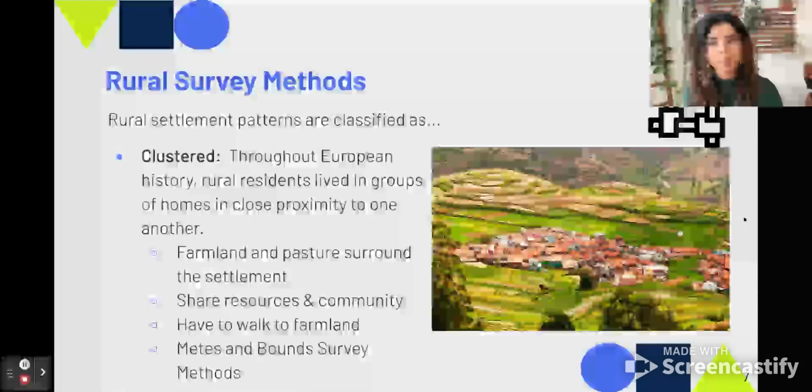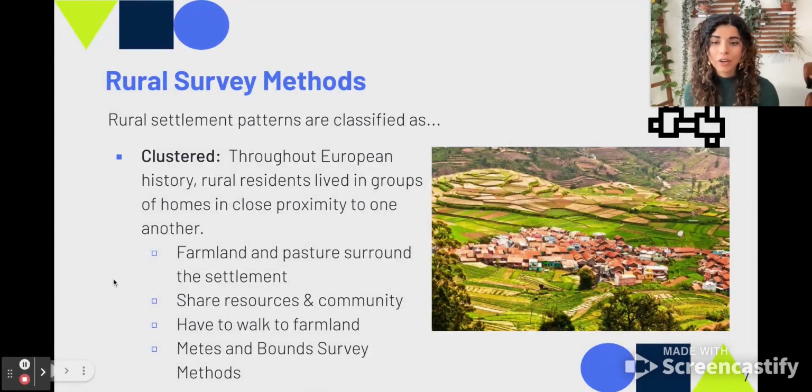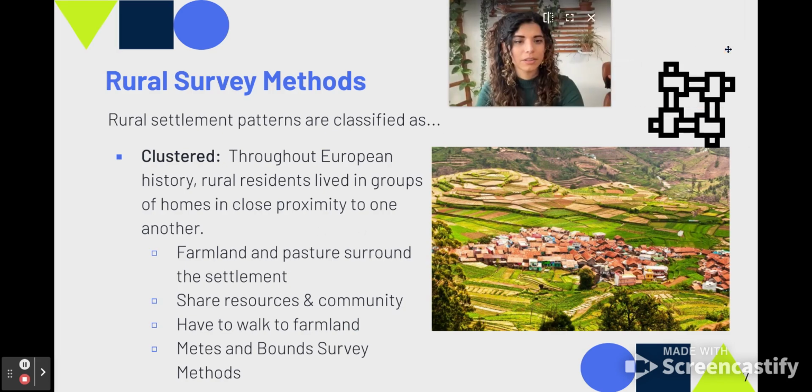So in terms of how these patterns are classified, first, we have clustered, and we see this most commonly throughout European history. We had rural residents living in groups of homes clustered around like this, right? Surrounding that cluster of homes would be the farmland or the pastures that would be used for agriculture.